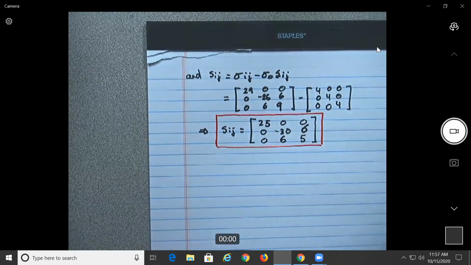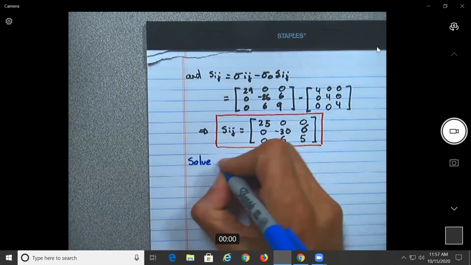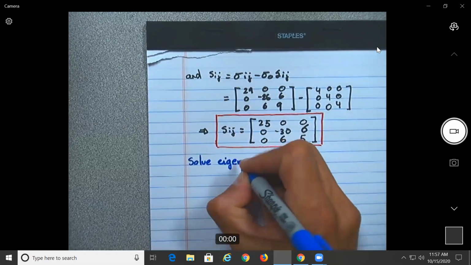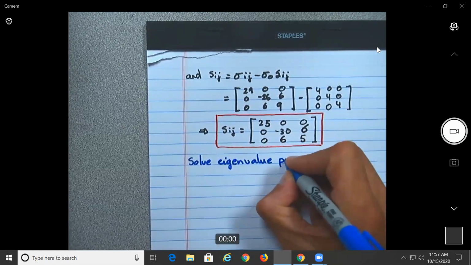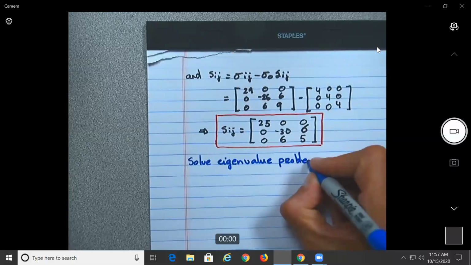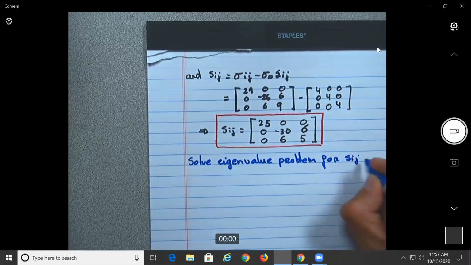So the next thing we need to do is solve the eigenvalue problem for Sij.